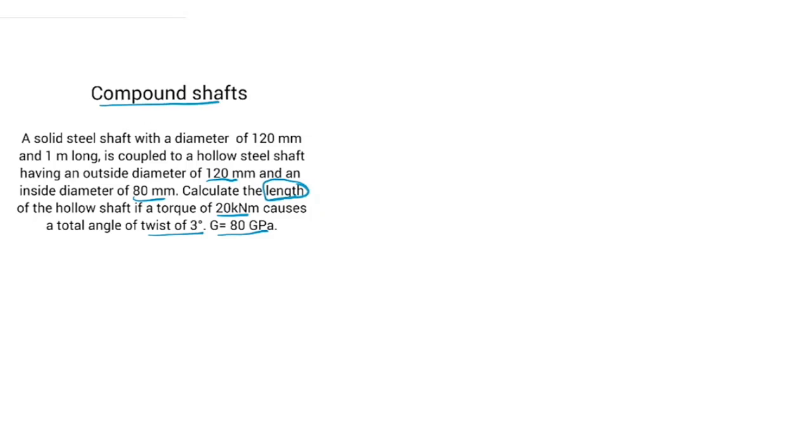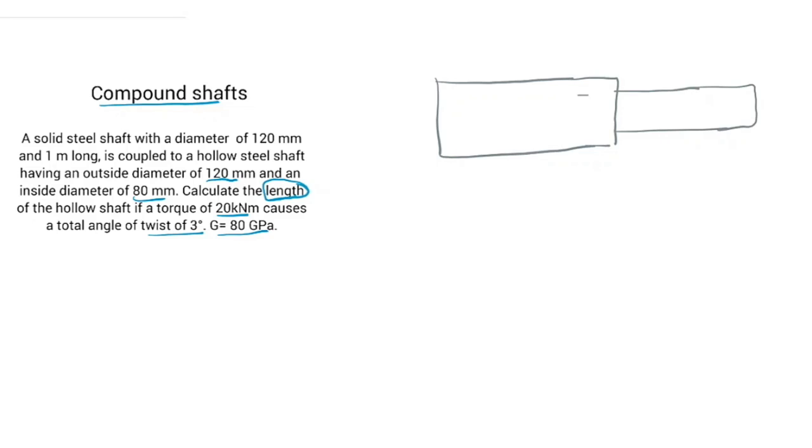This compound shaft, if you look at this problem, it means that it is a series connection. Let me draw it. There's a shaft here, like this, and there is another shaft joined here at the end. It's a hollow shaft. This is the bigger one.